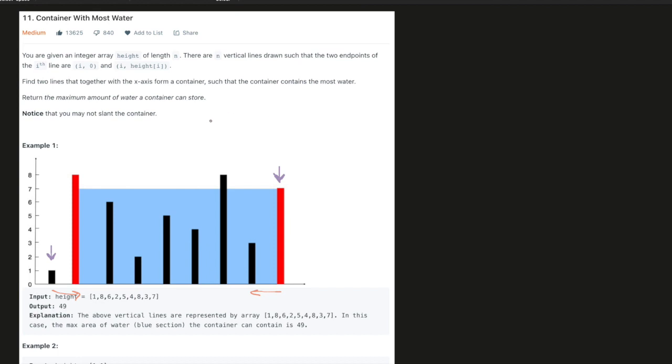And if we're reducing or minimizing the width, we need to compensate for the loss in width in some other way. And the only other dimension we have here is the height. So we compensate for the loss of width by trying to increase the height of the container. Otherwise, we won't be benefiting in any way.